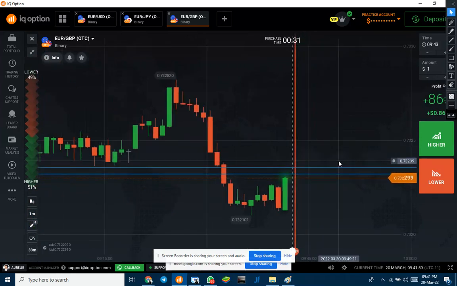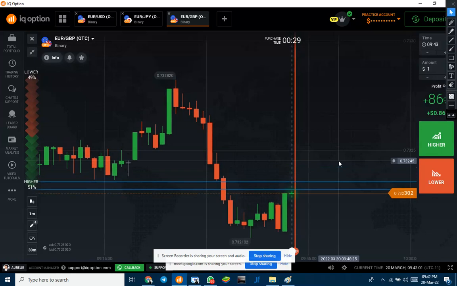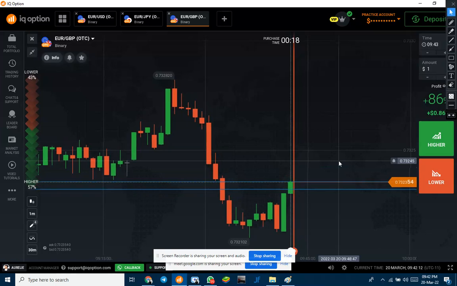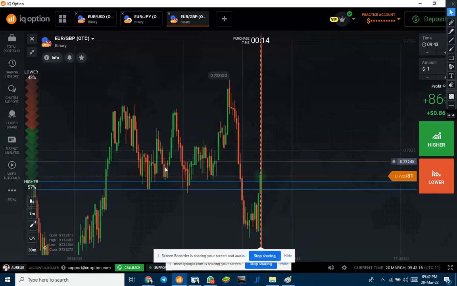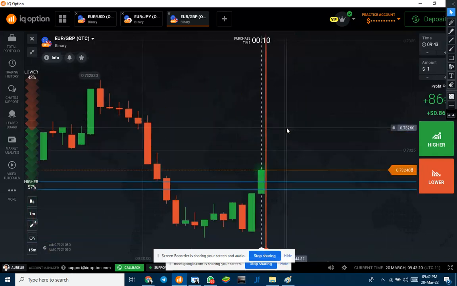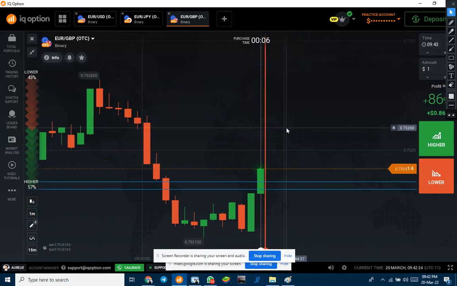If it is going to form a weak or exhausted candle, let's see. Okay, the price has touched the zone. Let's wait and see. I'm not expecting the price to break the resistance, but it's breaking it. Maybe the sellers will reject it.